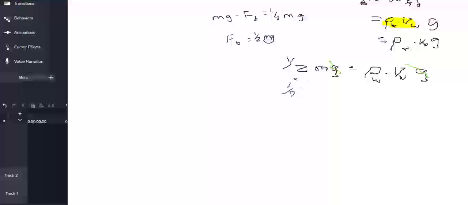So 1/2 m, where m is the mass of our object, equals the density of water times the volume of our object.